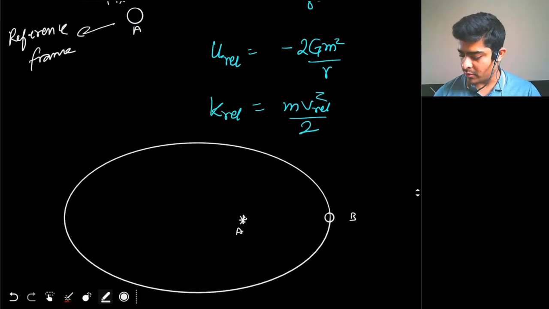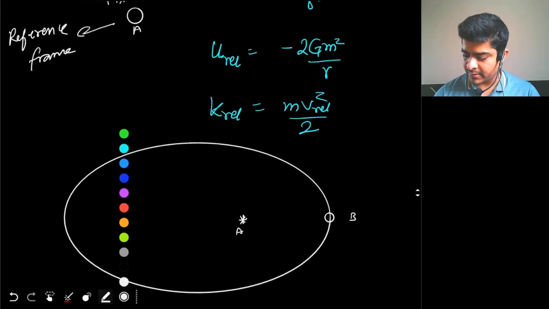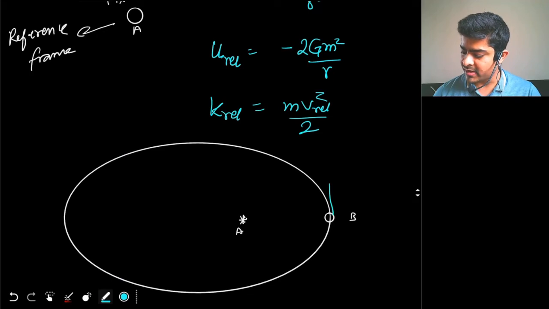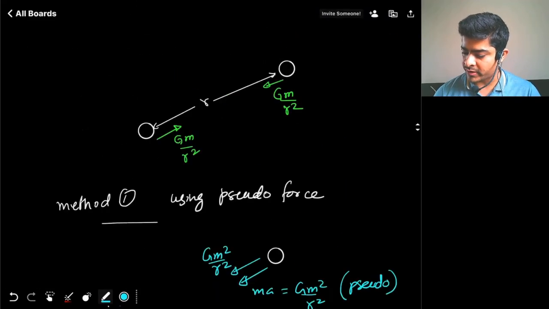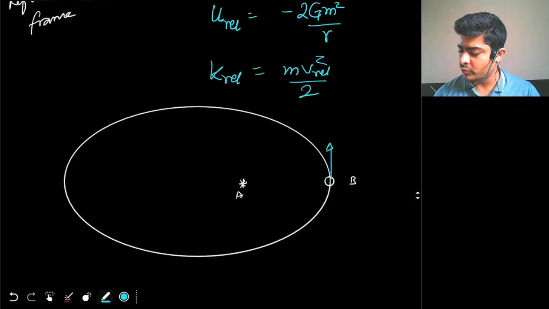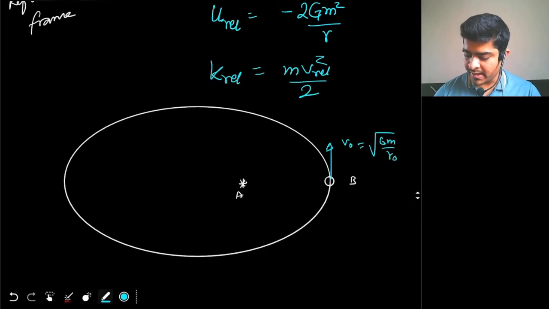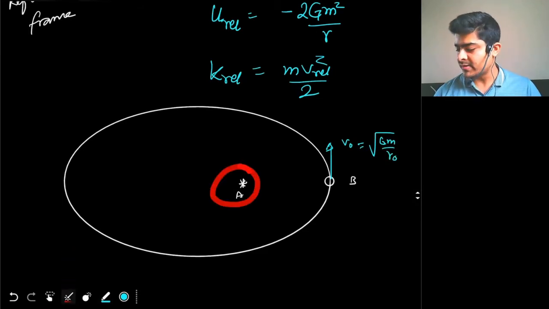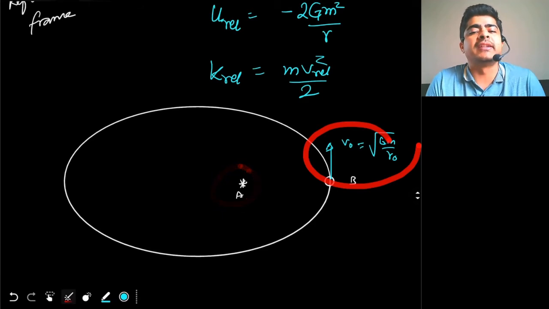Now let's draw the speeds. This has initial speed how much? According to the question, the initial speed is v naught, which is root GM by r naught. Since particle A was initially at rest, the relative velocity will not change initially.